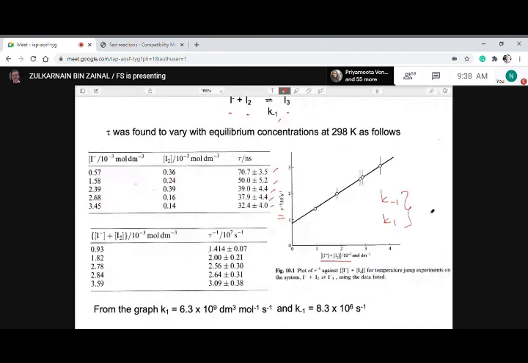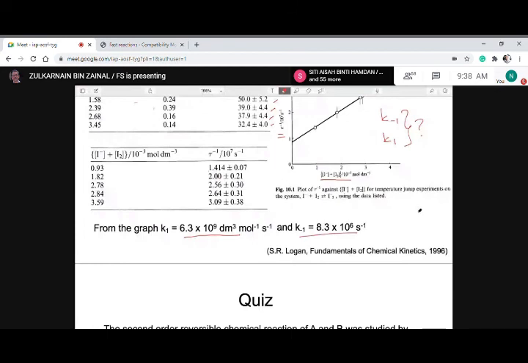By doing so, they can get the values of K1 and K minus 1 as shown. It is quite a high value actually, which shows that the reaction is going very fast, right?